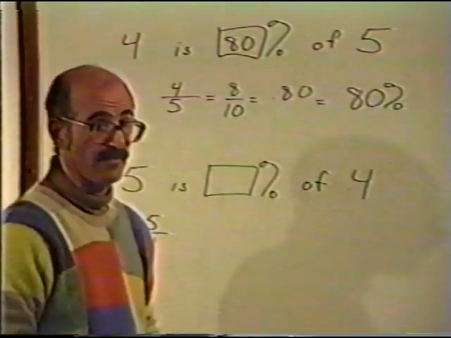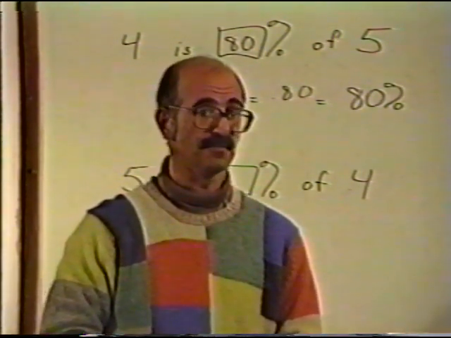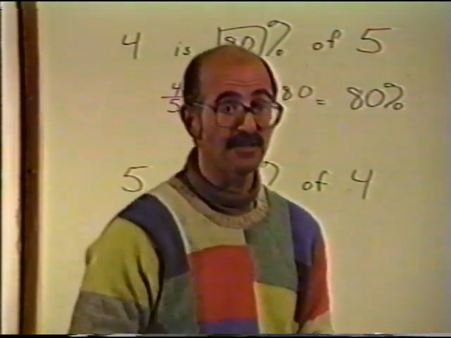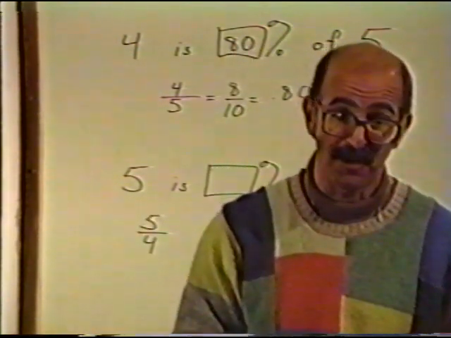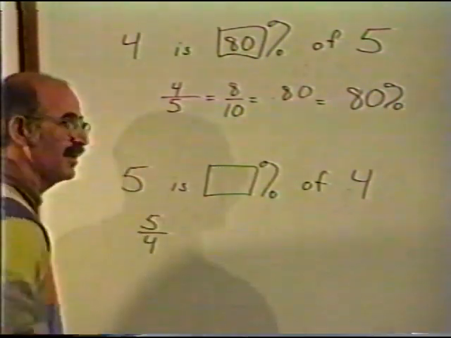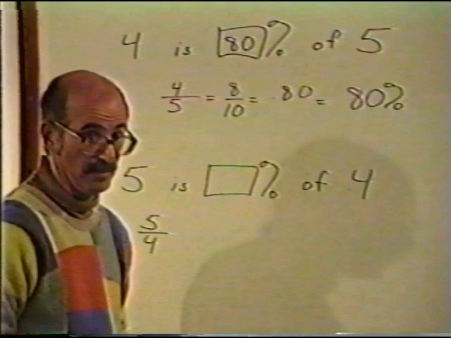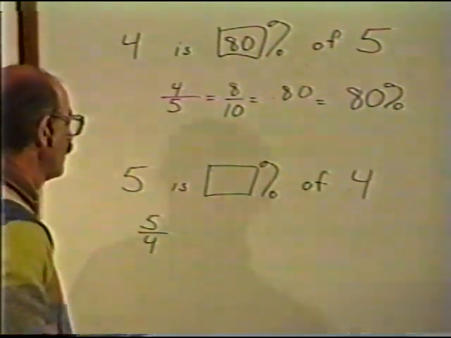What kind of fraction is that? An improper fraction. Yes, that is a fraction that is not proper, because the top number is not smaller than the bottom number. So, what shall we do with it?